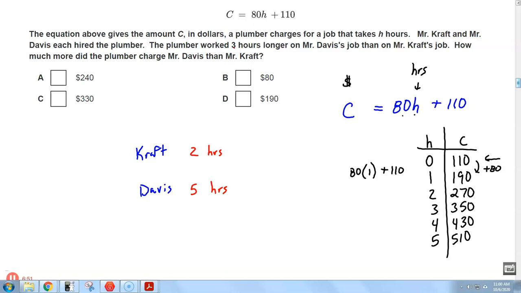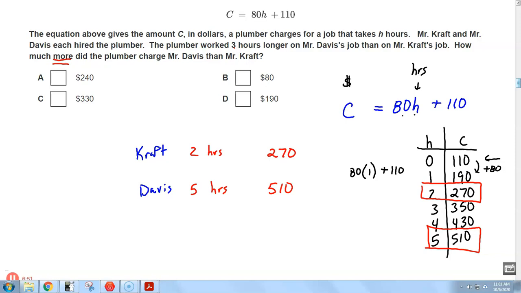How much more did Davis get charged than Kraft? That's a subtraction problem. We'll look at my chart here. Davis got charged $510. Kraft at 2 hours got charged $270.